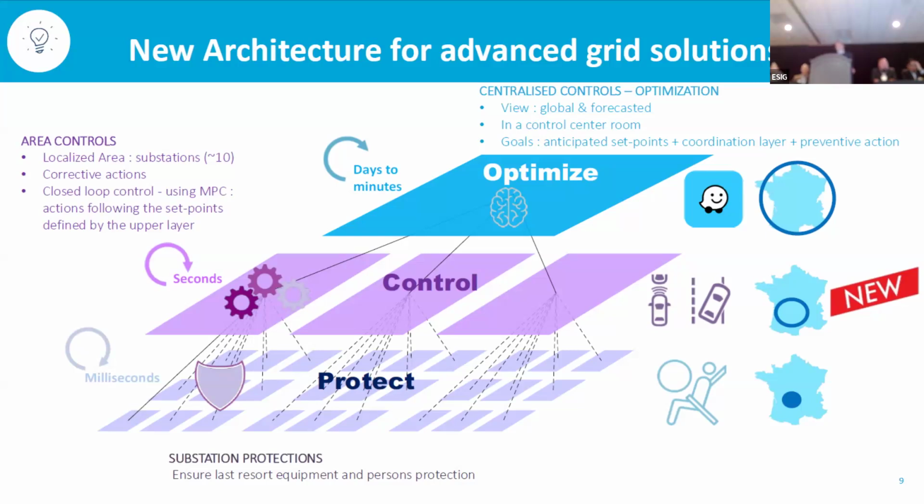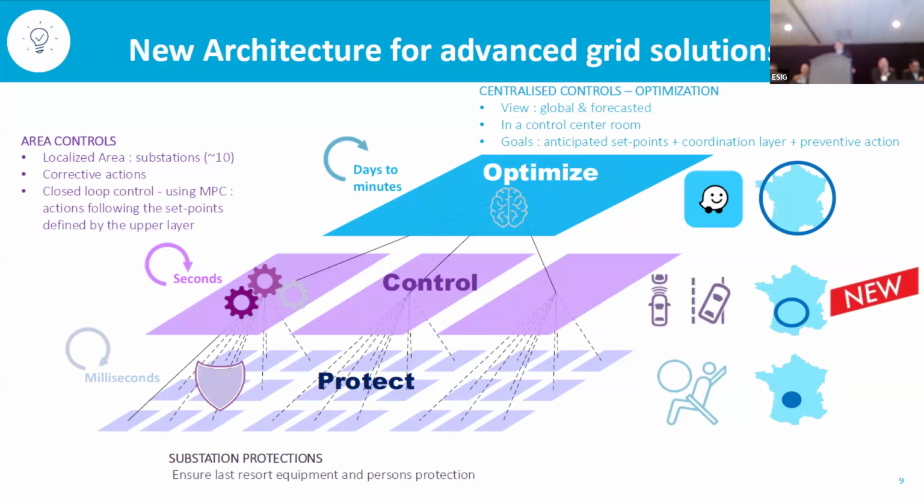So it's faster than what your operator can usually deal with, but slower than your usual protection system, and it operates in conjunction with those. The way you can think about it is the protection system would be your airbag system: not very smart, but it's supposed to do its job of protecting the system when things really go wrong.